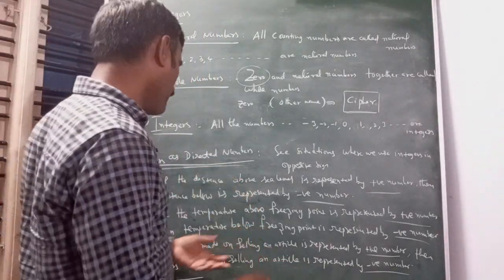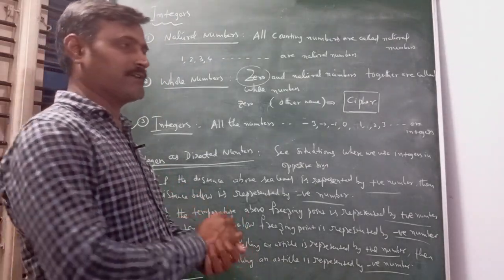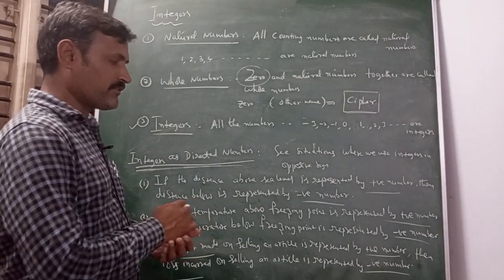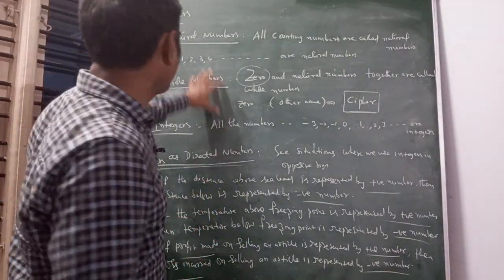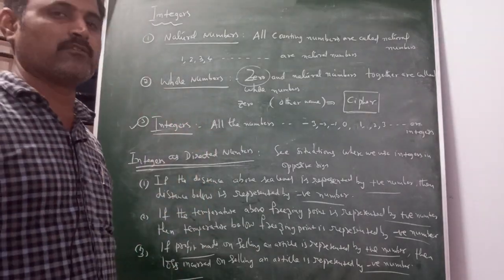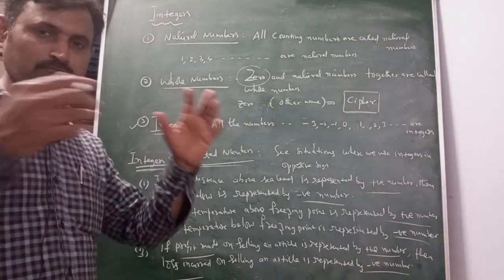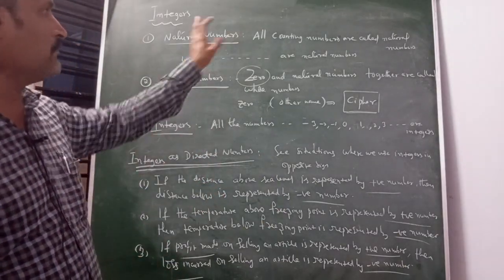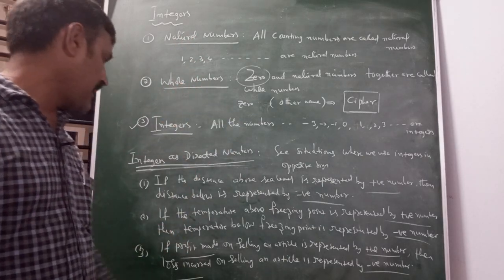I am saying it is profit, plus 45, and loss I am saying 35, so minus 35 is the number. So we also understand in this discussion when we will use minus and when we will use plus. Integers are very important in our life to understand positive and negative signs. And the numbers called integers means all the numbers, whole numbers and natural numbers all together.